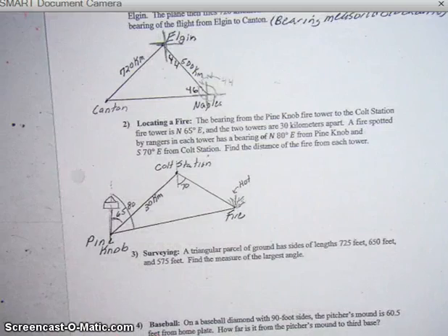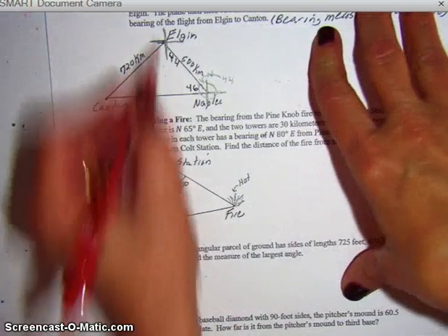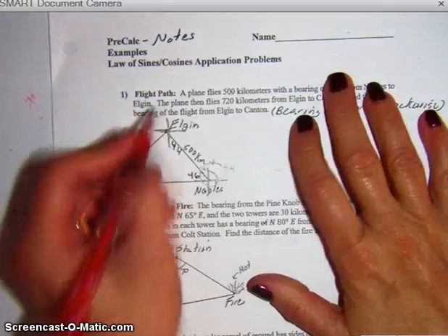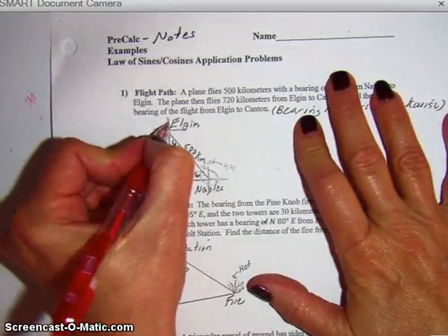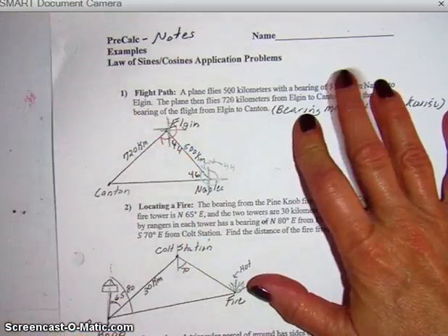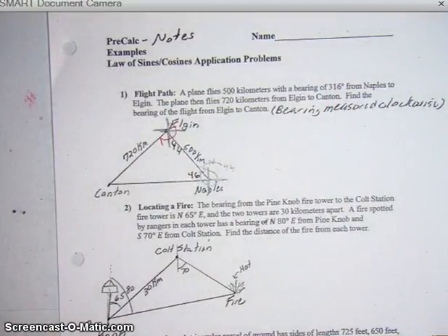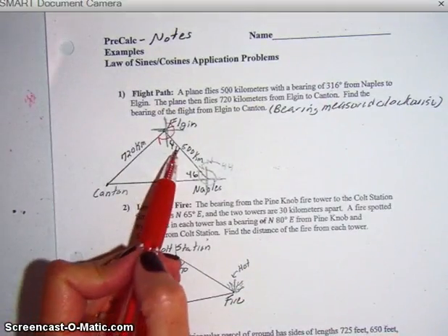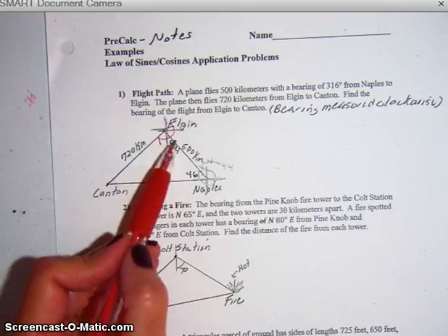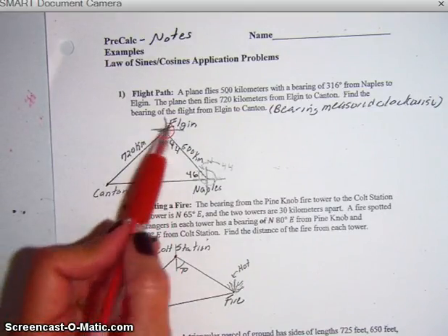Because their question is, from due north at Elgin, they want to know that red bearing. So we know part of the angle is 44. What we have to do is find the other part of the angle, and then we'll know this whole angle.